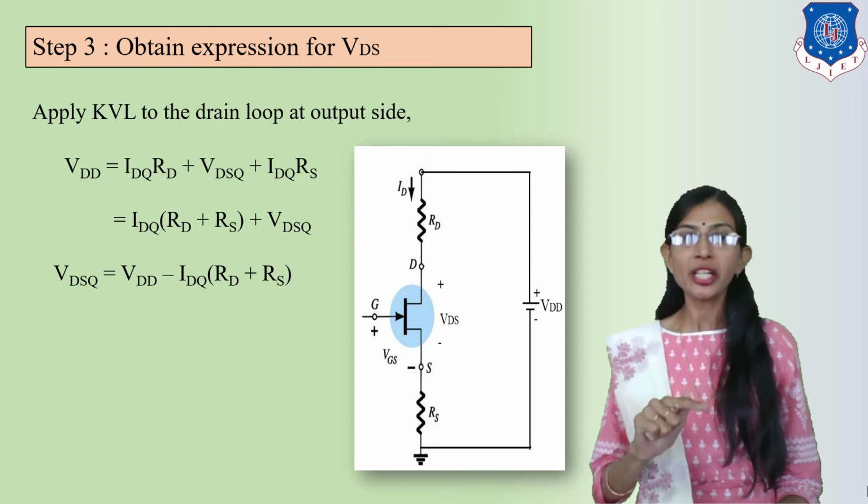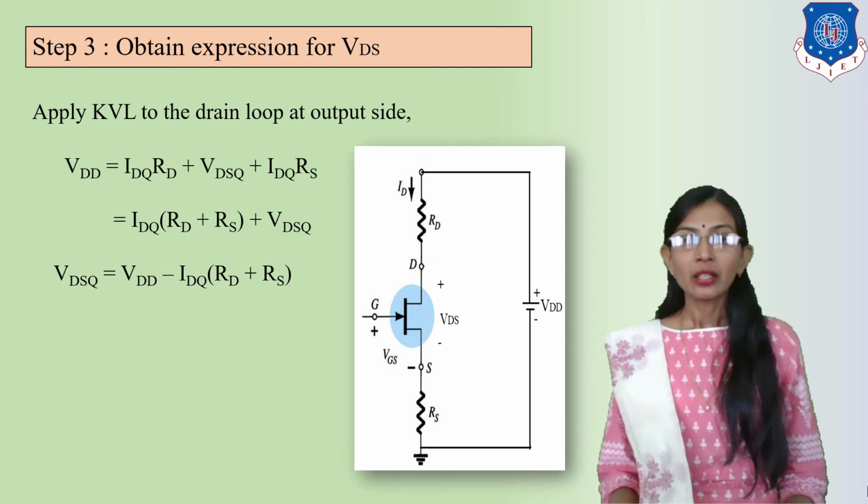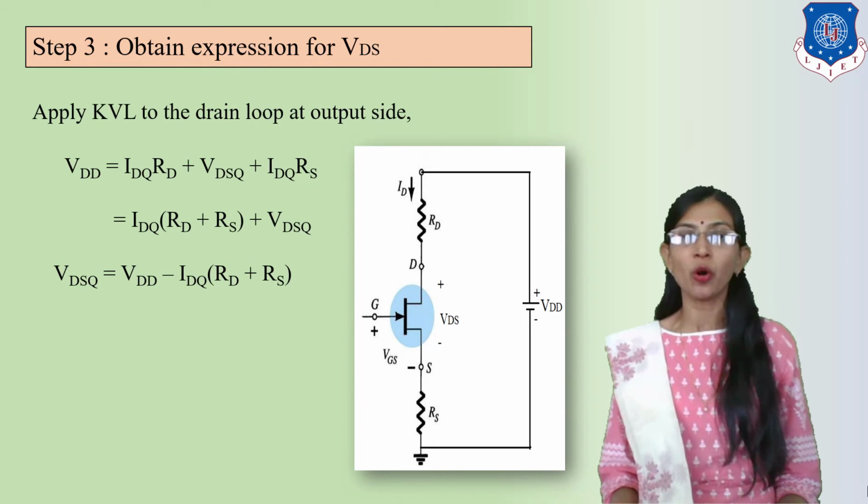So we will have the first equation and then we will rearrange like this. Plus VDD minus IDRD minus VDS minus ISRS is equal to 0. So let us rearrange this equation. VDD is equal to, all minus terms will be shifted on the right side of the sign. So we will have VDD equal to IDRD plus VDS plus IDRS.